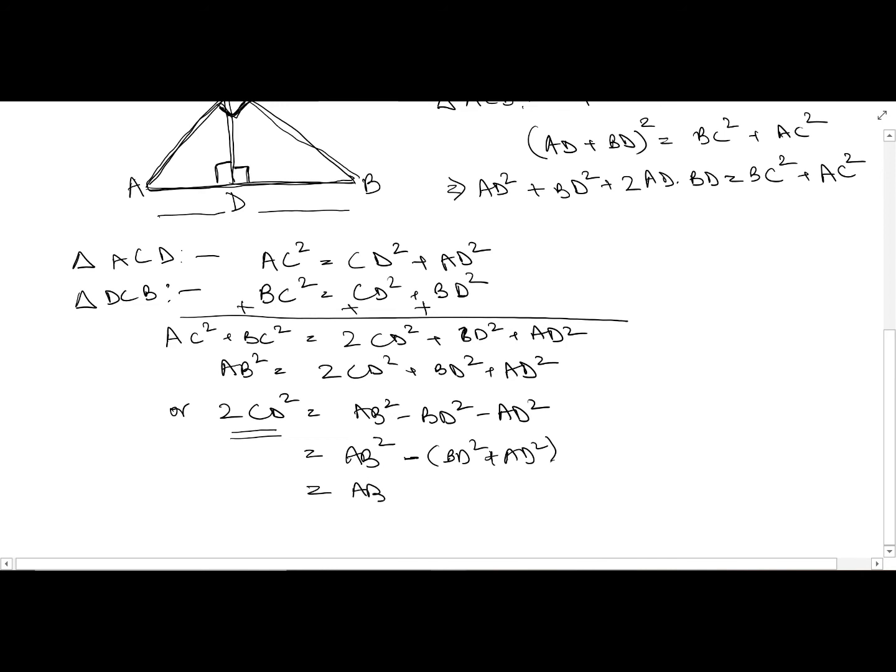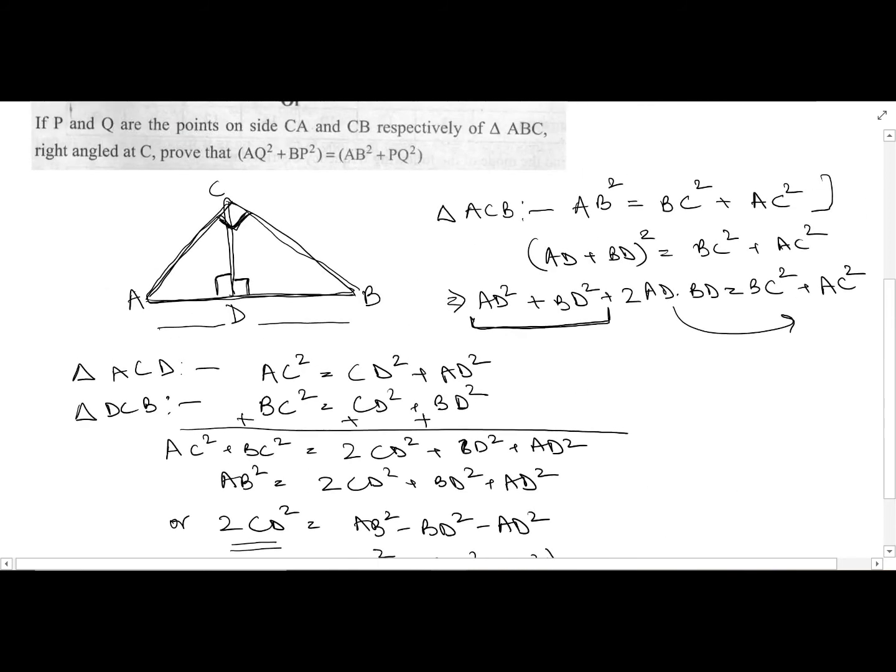Now AB square minus BD square plus AD square we know here. So let's substitute it for BC square plus AC square, and this also goes here, minus 2 AD into BD. Again, we know that BC square plus AC square is equal to AB square.